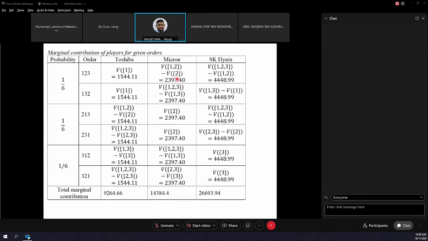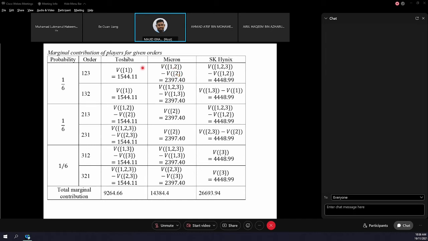Okay, that's why what I said just now is wrong. It's not supposed to be minus V2, it's supposed to be minus V1, because we need to take the value after the joint correlation and minus the marginal contribution of the previous player. So V12 minus V1, and that's why you get 2397.40.